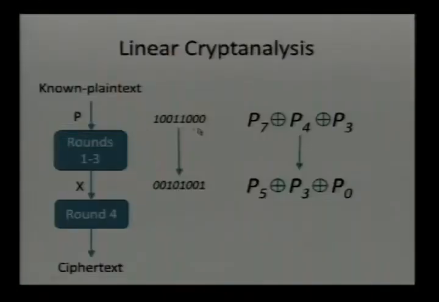So if we have a linear characteristic, like the one in the middle, with this binary here, what that means is that if we send a plain text in, and bits 7, 4, and 3 XOR together to get some 1-bit result, then if you XOR bits 5, 3, and 0 of the output, they're going to be the same or they're going to be different.